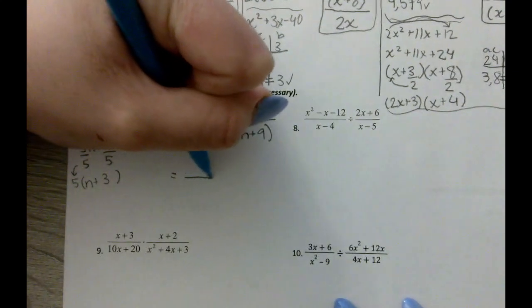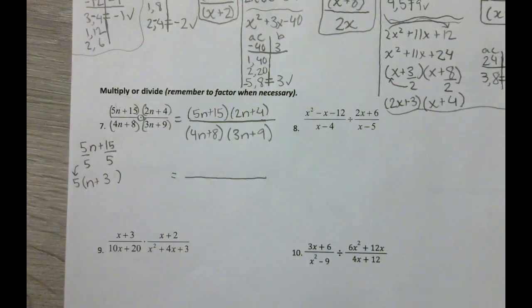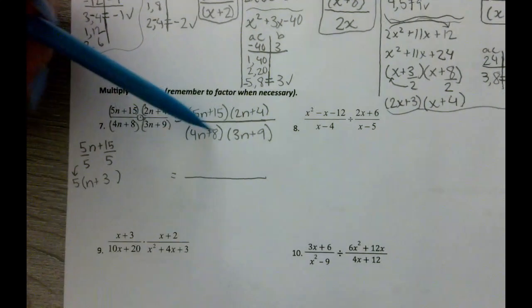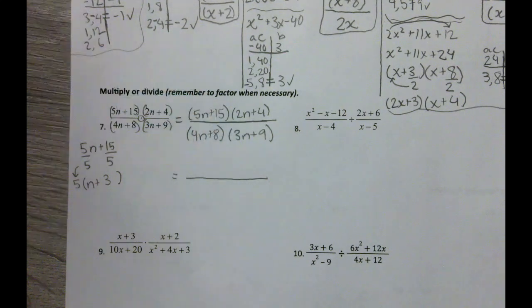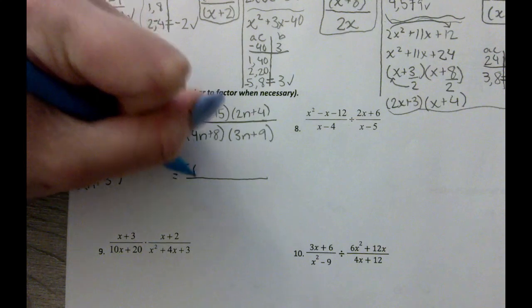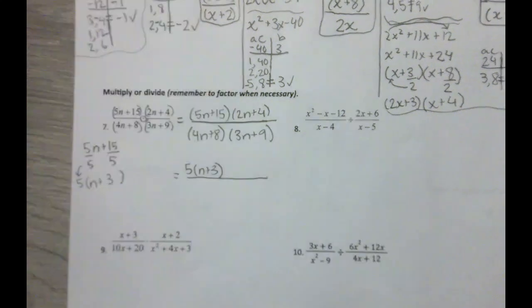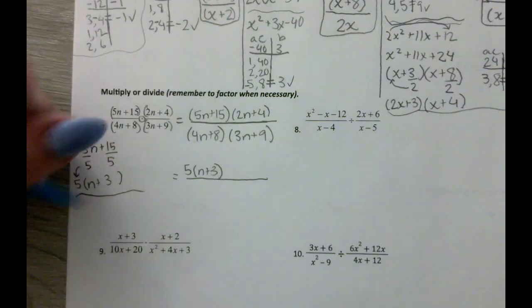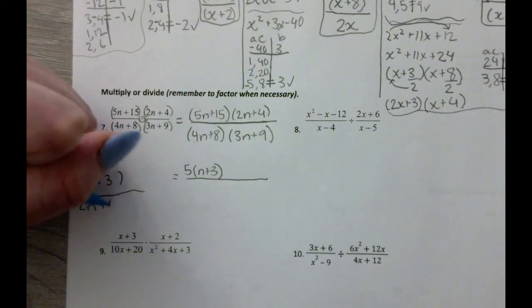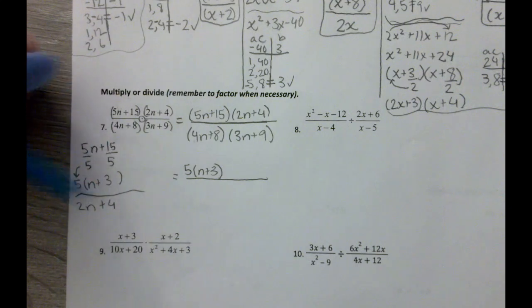Now thinking ahead, since I do not have as much space on the study guide as I would like, I am going to take advantage of this space to do the GCF on the bottom, so I do want to leave a little space under here. 5 times n plus 3. 2n plus 4, another GCF problem. Hopefully you noticed it. You can divide both of these by 2.